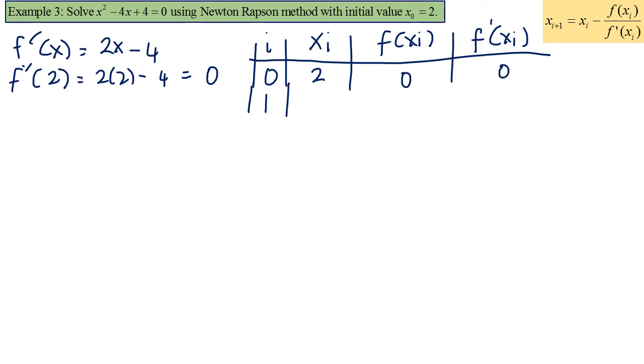Let's say I continue to iteration number 1. Your calculator will give a math error because 0 divided by 0 is a math error, no answer. So what I want to say here is, if your f prime is equal to 0, don't continue.